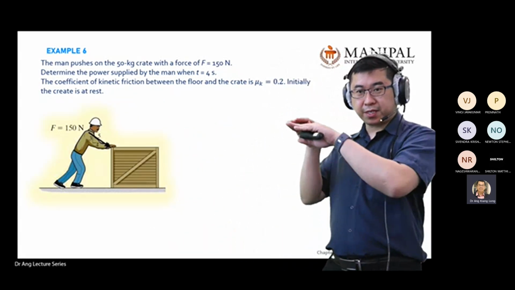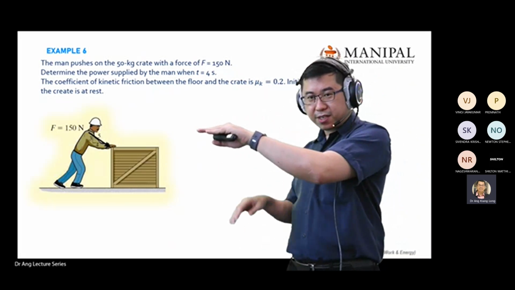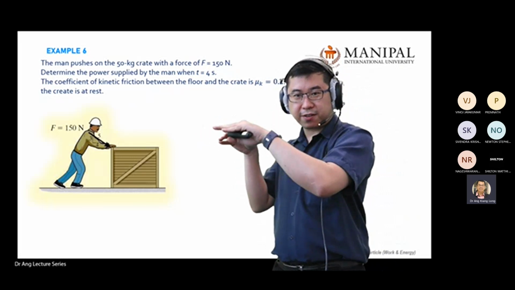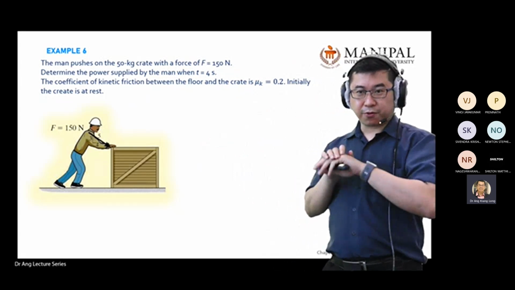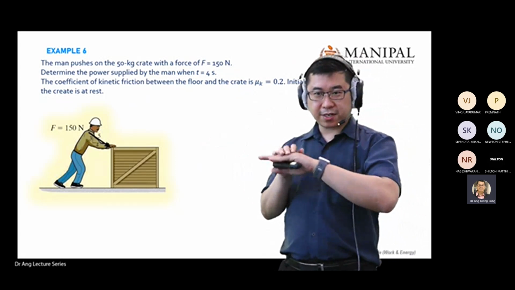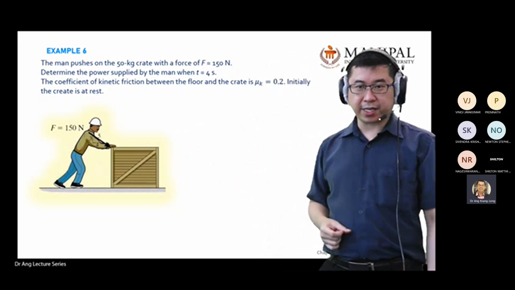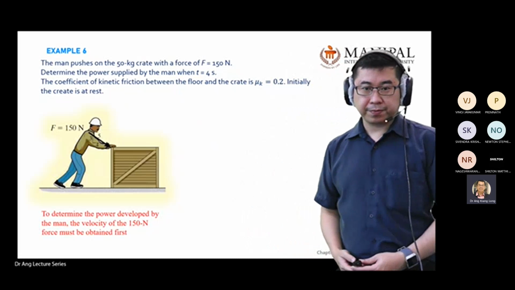Okay, they must be in the same direction. Force is a vector. Velocity is a vector. Vectors have magnitude and direction. Both must be in the same direction. Only then can you generate power. Let's move on.